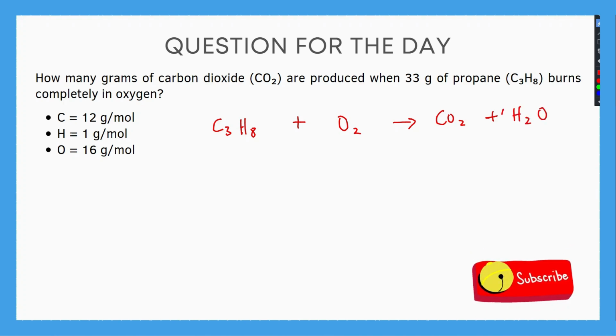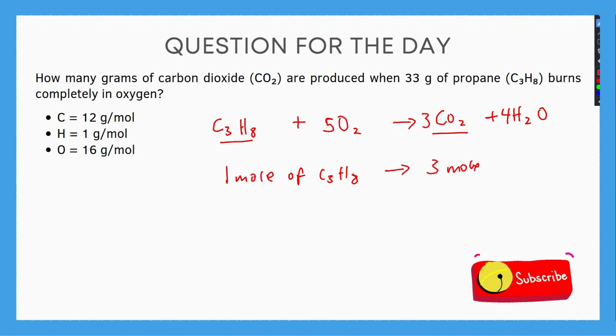Remember, we have 4 over here, we have 3 over here, and we have 5 over here. So now, from the chemical equation, we are focusing on propane and carbon dioxide. 1 mole of C₃H₈ produces 3 moles of CO₂.